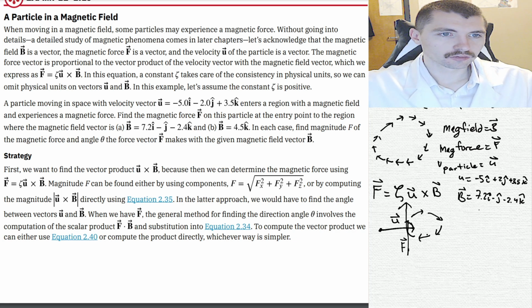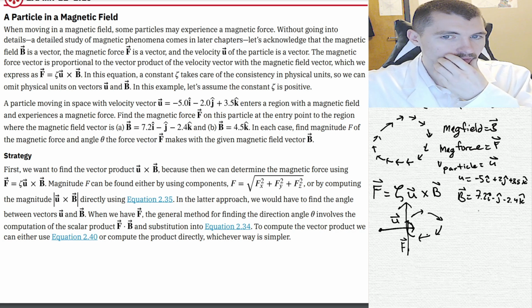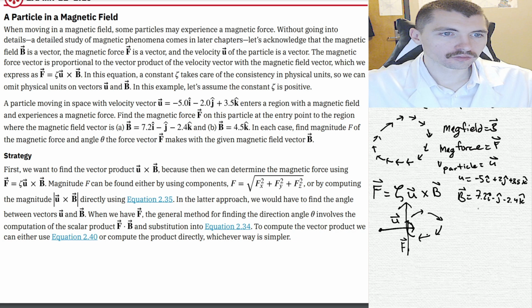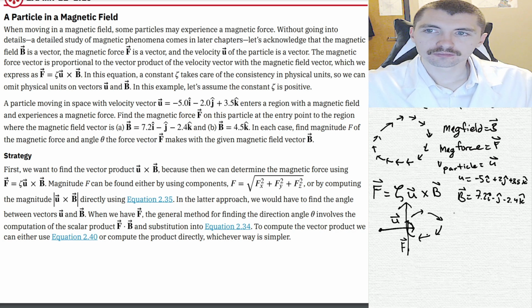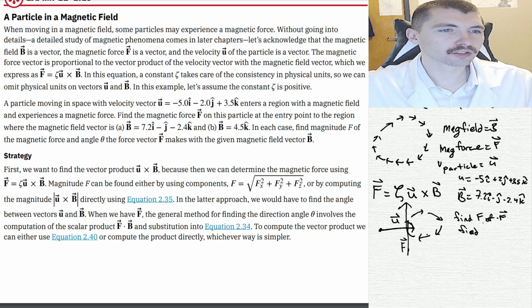Okay. Find the magnitude F. Okay. Find the magnitude of F. So we want to find the angle between F and B. Okay, so there's a lot here.